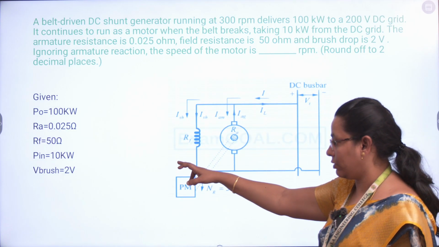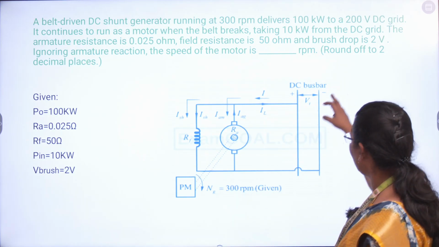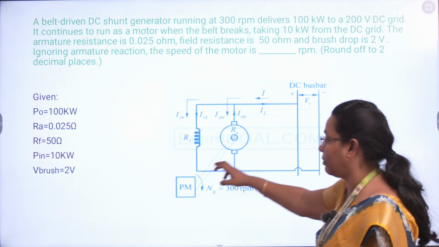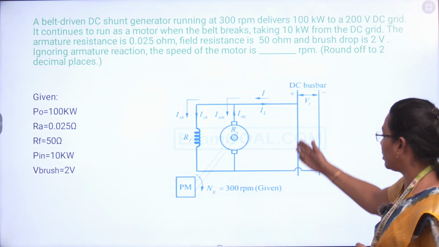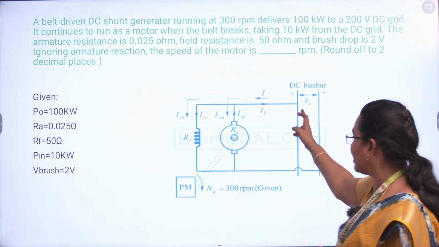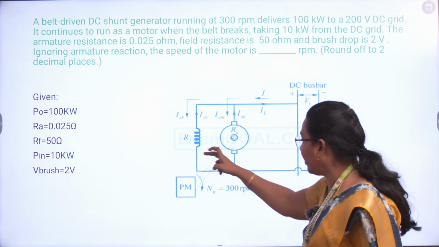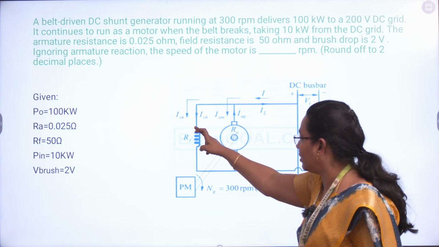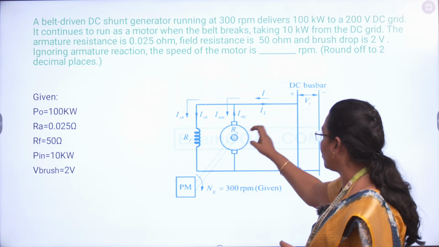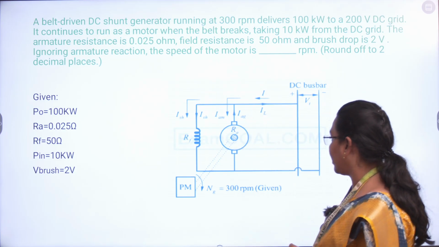So input power equal to 10 kilowatts. And specifically they have given the brush drop, so brush drop equal to 2 volt. So this is the DC bus. From the DC bus we have the armature winding and RF, and this is the shunt current, this is the armature current, and this is the IL current.